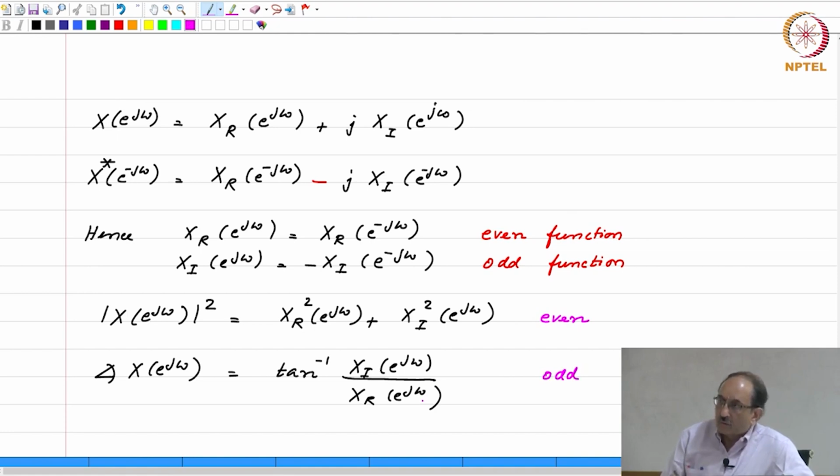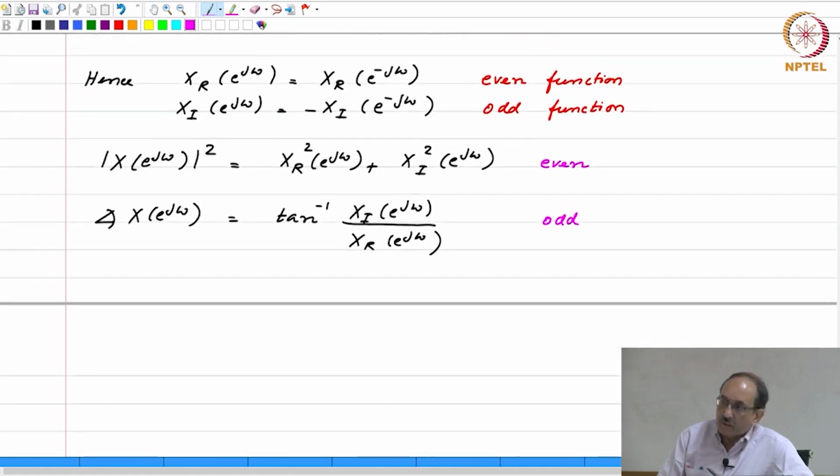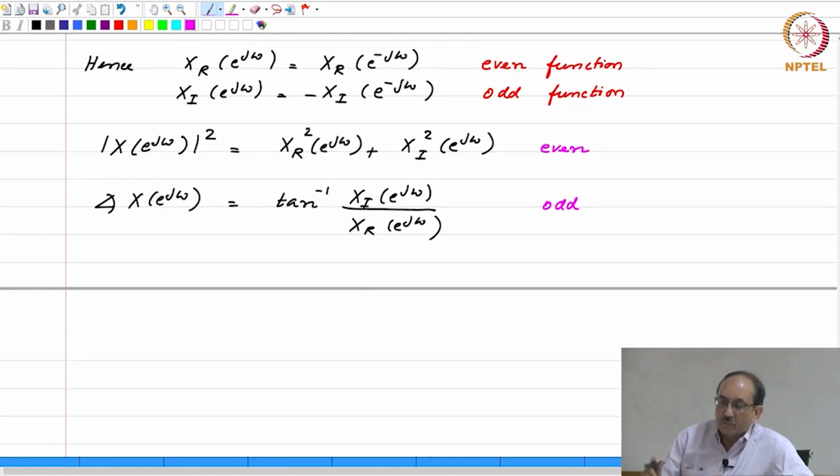The ratio of odd to even is odd, and tan inverse is an odd function, therefore this is odd. Therefore, exactly mirroring what happened in the continuous time case for the Fourier transform, if you had a function that was real valued, the magnitude was even and the phase was odd, and there if you knew the transform from 0 to infinity, you knew the transform from minus infinity to plus infinity.